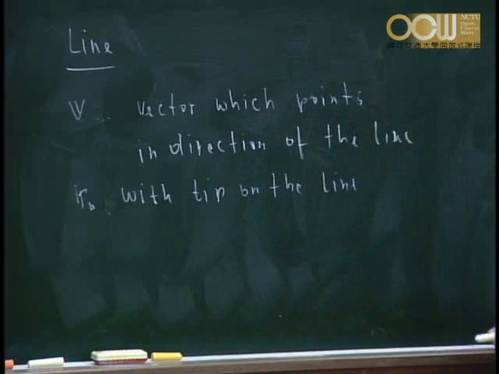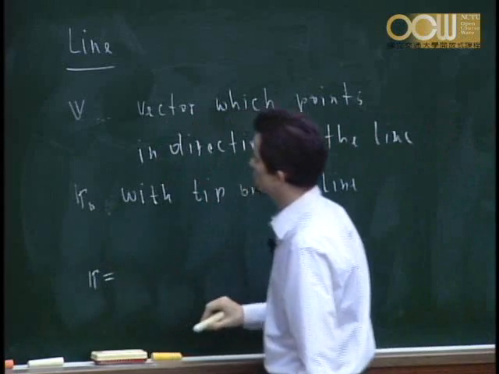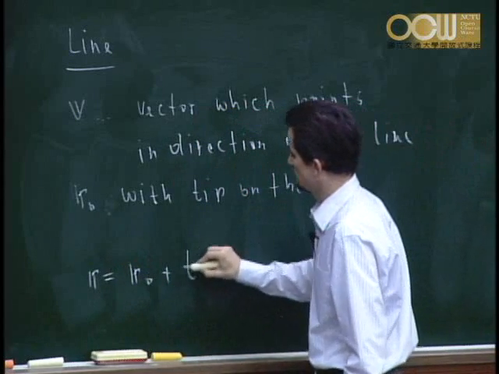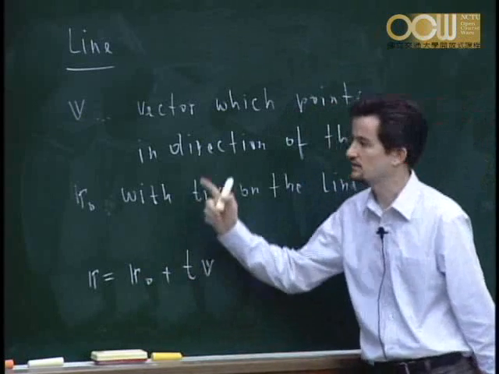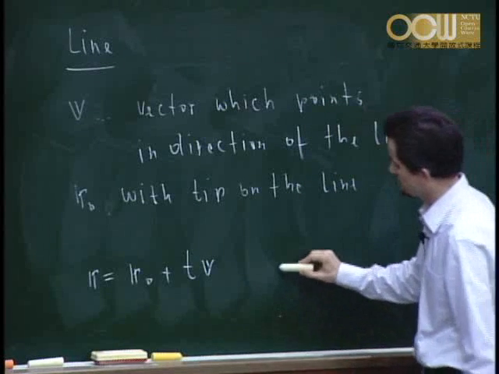Okay, and if you have this information, then it's easy to describe the line. Namely, our line is equal to the vector r0 plus all the vectors which are scalar multiples of the vector v, and this is called the vector equation of the line.